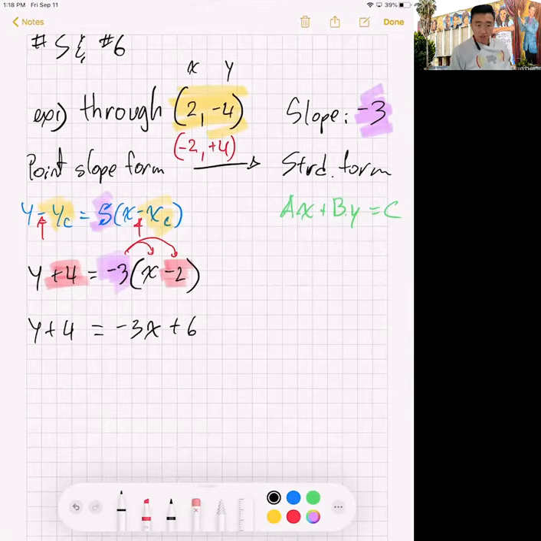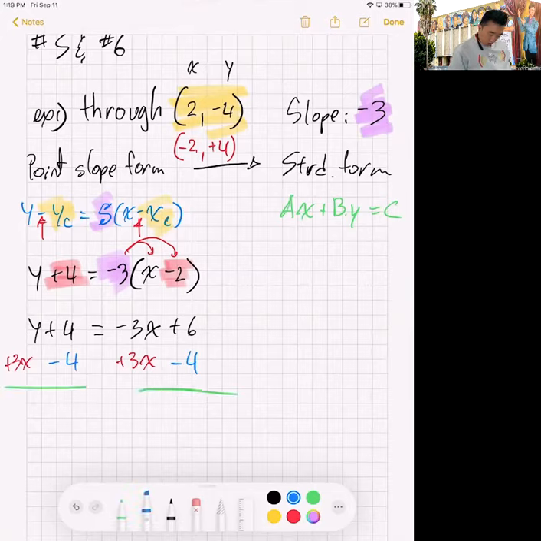And from there, just like we did on the ones previous to that, we are going to move the x, but we're also going to move this one as well. Okay. So these cancel out and these cancel out. And you end up with 3x plus y equals positive 2, or just 2 is fine, right?